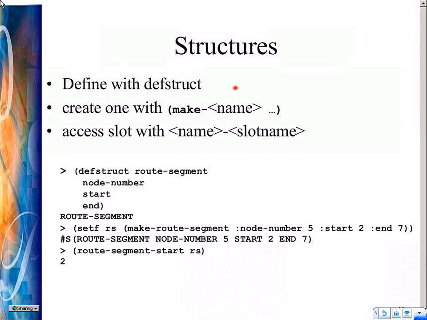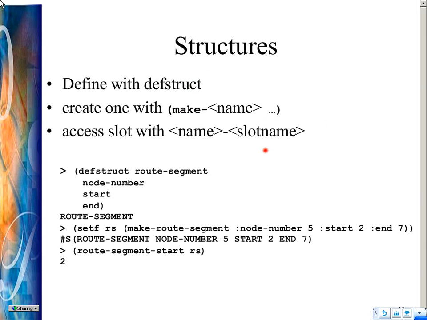So you define a structure with a defining macro called defstruct. When you call a defstruct, it automatically defines a number of auxiliary functions. It defines a maker function whose name is make hyphen the name of the structure. When you call it, it will create an instance of the structure.